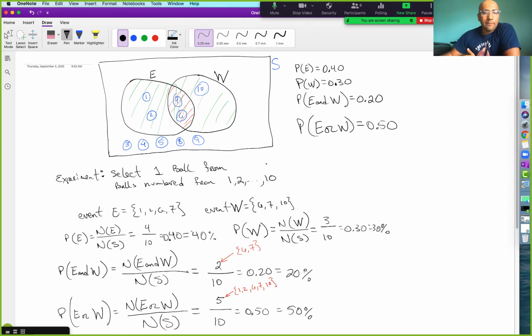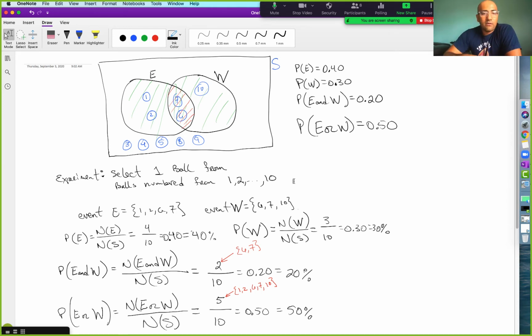So now let's see what happens with conditional probability. In order to express the idea of what it means to be conditional probability, consider the following scenario. This is one experiment. We're going to pick one little ping pong ball, and if it's the numbers 1, 2, 6, or 7, event E has occurred.